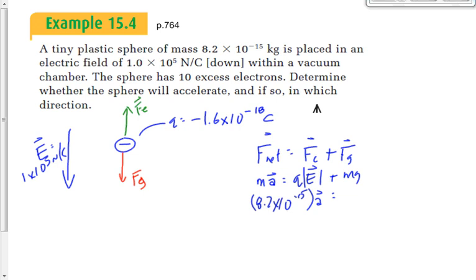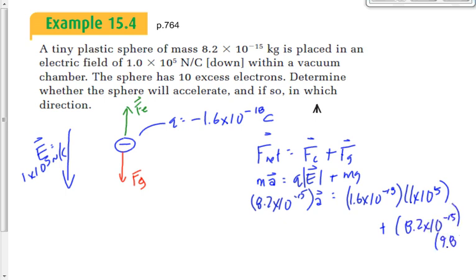Q is 1.6 times 10 to the minus 18 times the electric field of 1 times 10 to the 5, plus force of gravity, 8.2 times 10 to the negative 15 times 9.81. Okay, let's worry about signs now. We're trying to find A, so we're not going to worry about whether it's positive or negative. The gravitational force is downward, so we'll make it negative.